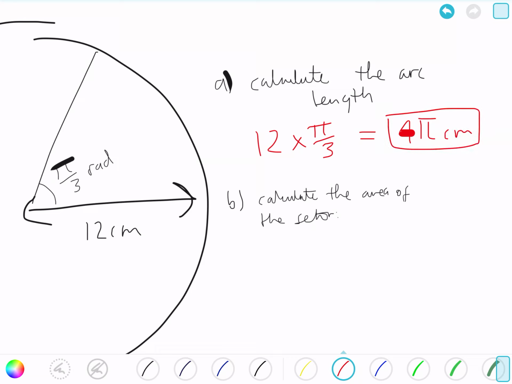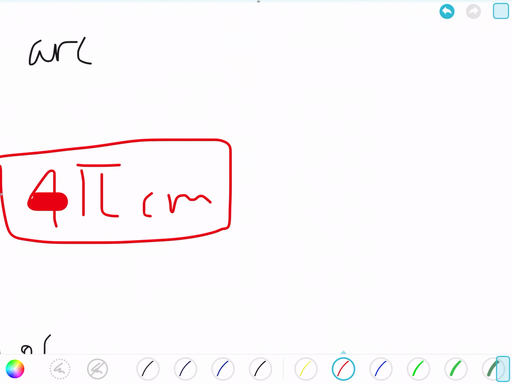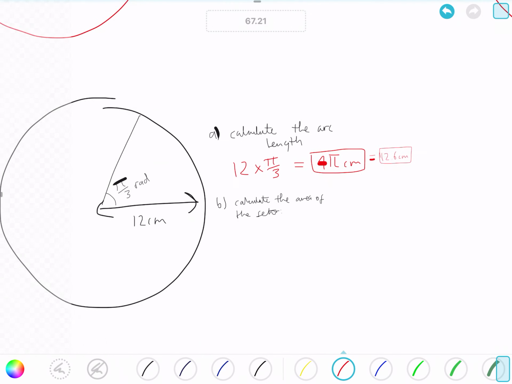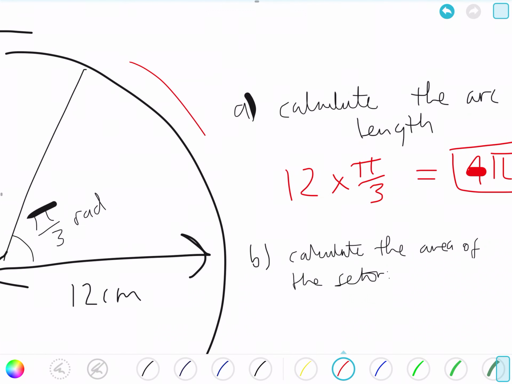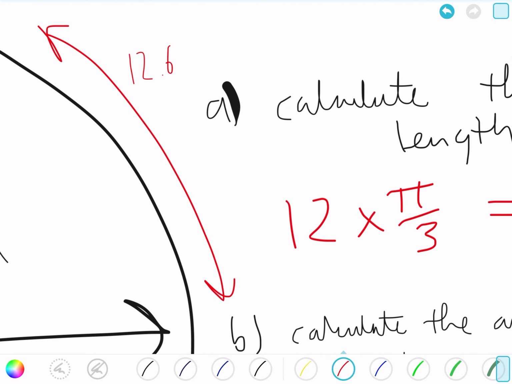You might think that sounds a bit obscure, so we can calculate the decimal, 12.6 centimeters. In the exam I would do both, personally. 12.6 centimeters is this arc length here. So it's very easy to use.